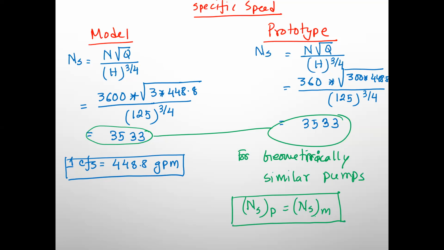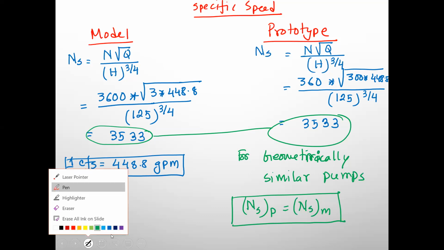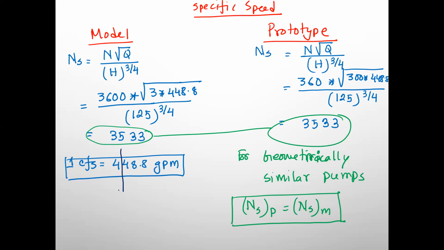Now, for classification purposes, if you look at the number, both of them are actually mixed flow pumps. So you can write down that this one is mixed flow pump, and the same thing here, mixed flow.